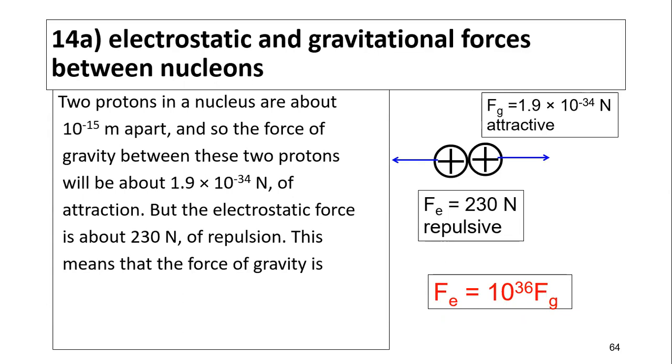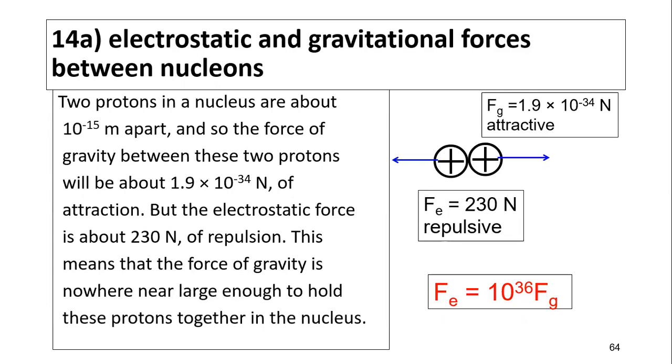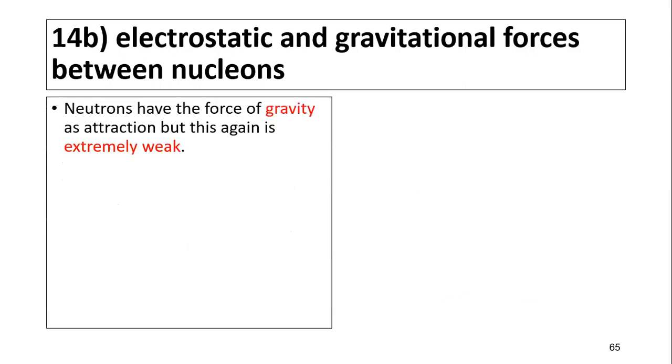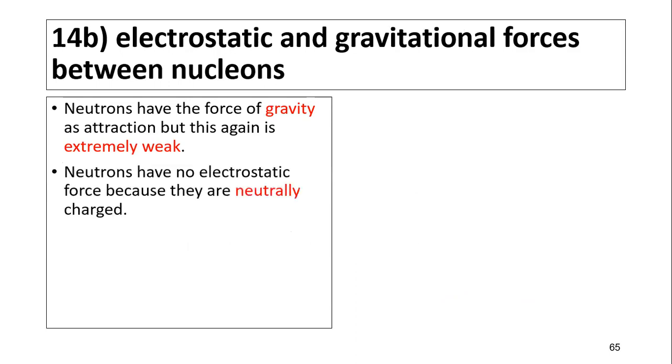Electrostatic force is 230 Newton. So normally we won't bother about gravitational force in the nucleus because it's too small, negligible. Neutrons have gravitational force also. Neutron attracts neutron with gravitational force, but it's extremely weak. Neutron has no electrostatic force because it's neutral, no charge.